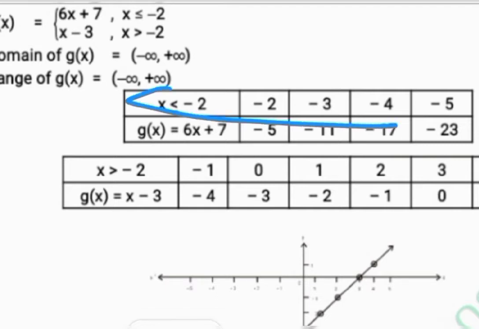This is the domain. Before less than -2, there are -3, -4, -5 and so on up to -infinity.